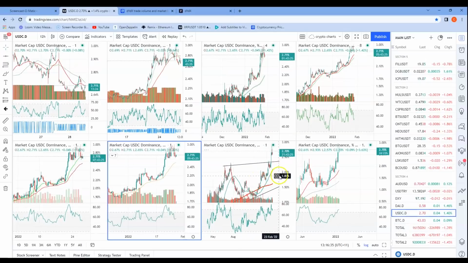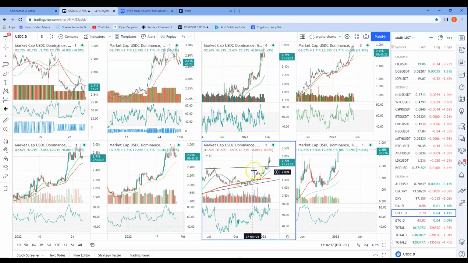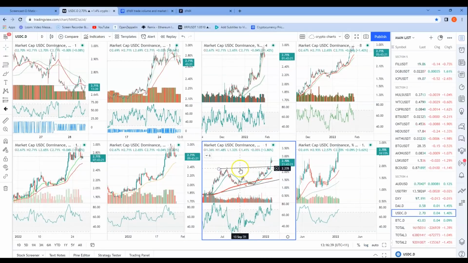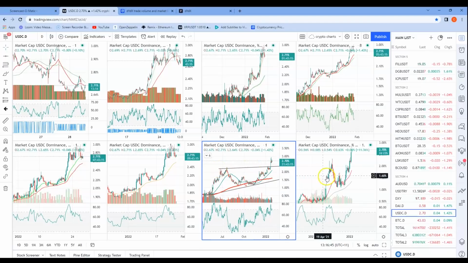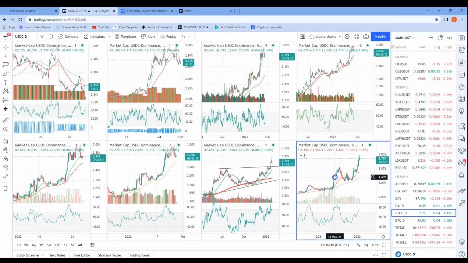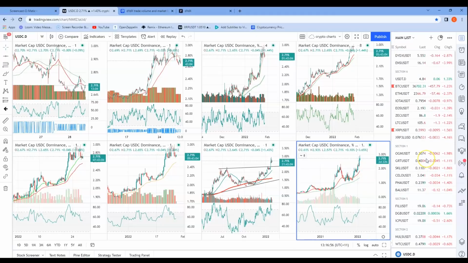USDC is clearly breaking out, as you can see. It broke this level, the June 2021 level. So things are not looking very bad, because the signs of bottom formation I see are in. Just the final flush outs, and then off we go.